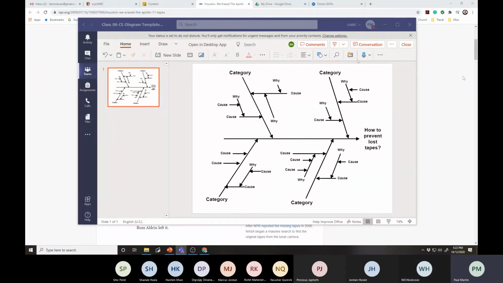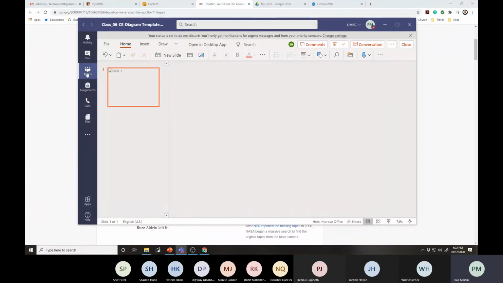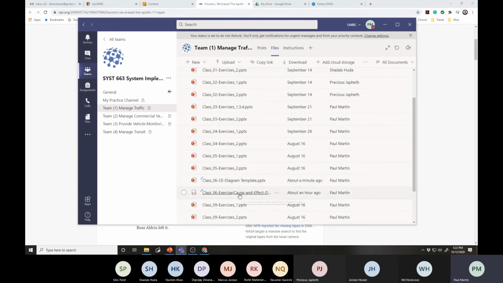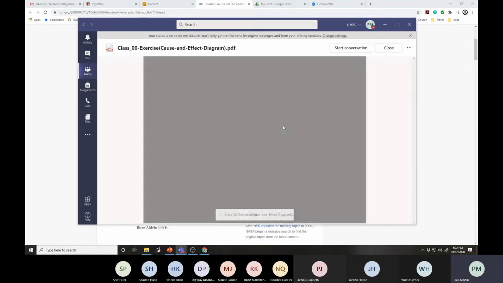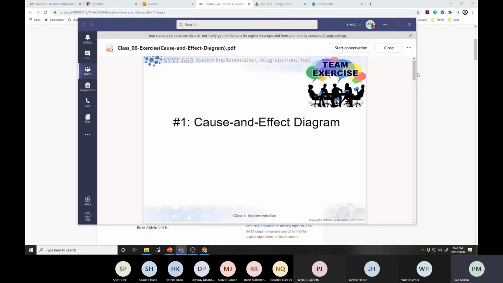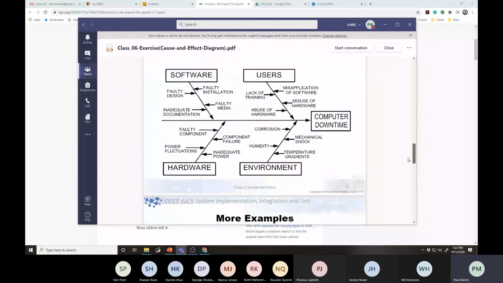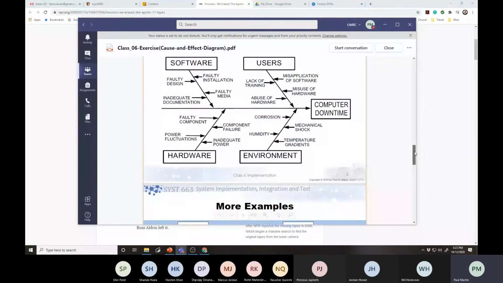So go ahead and get into your teams, getting together with your class teammates and start working on class 6, the CE diagram. By the way, I also have a PDF there if you want to look at what the diagrams look like and maybe talk about some of the actual things that you might use for the categories.